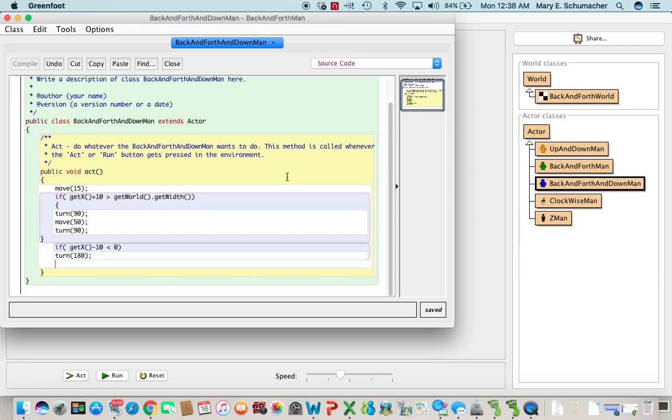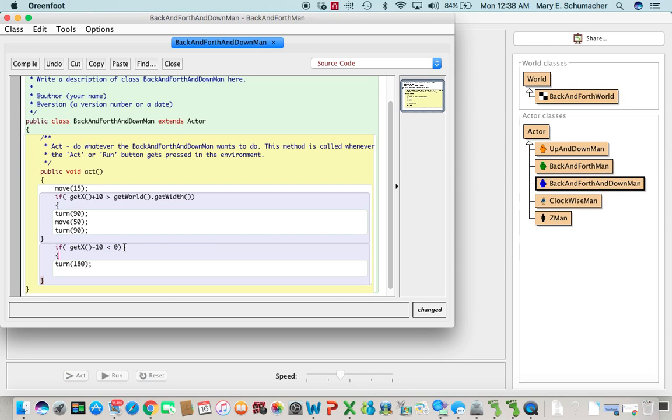We talked about this: when we head left, as soon as we realize that we have reached the left side, instead of turning 180, we'll turn to the left, which will be minus 90.